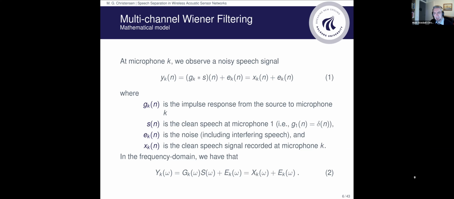If you then look at this problem in the frequency domain with the additive noise and the impulse responses, we can see at the bottom here that we can describe it as the multiplication of an acoustic transfer function with the speech, and then we have the additive noise there. So we also have the additive noise model in the frequency domain.